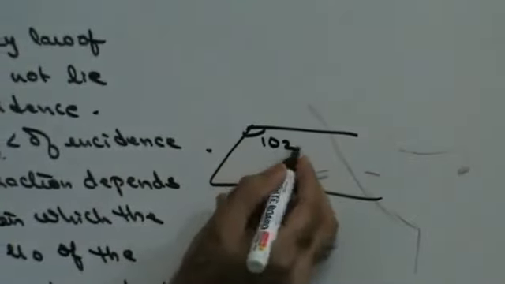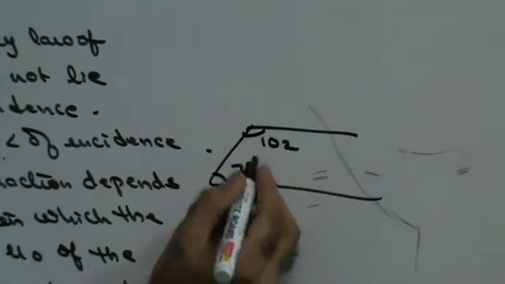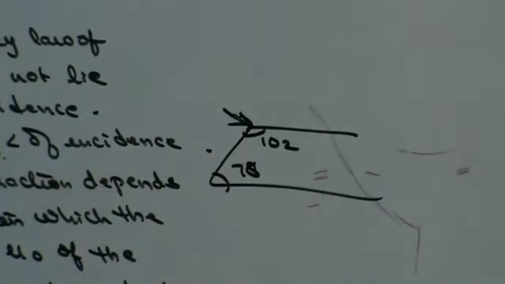It has 6 faces of a parallelogram, each face having an angle of 102 degrees and 78 degrees. The two opposite corners at which the 3 angles are obtuse are called the blunt corners of the crystal. If you have it this way, this is going to be 102 degrees here, this is going to be 78 degrees. This corner is called the blunt corner.